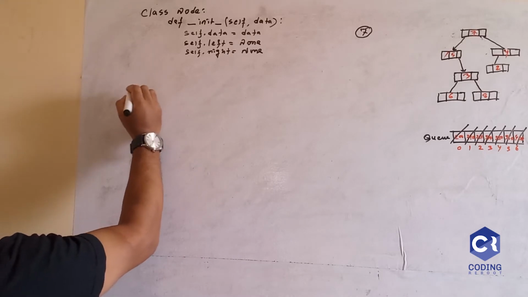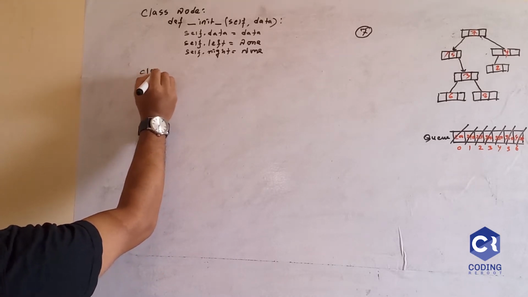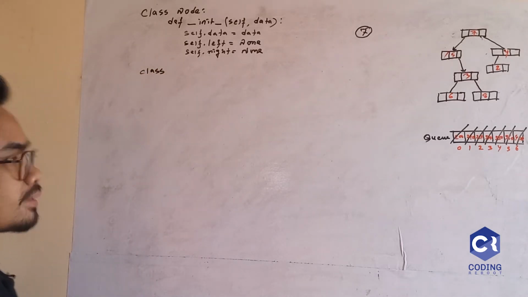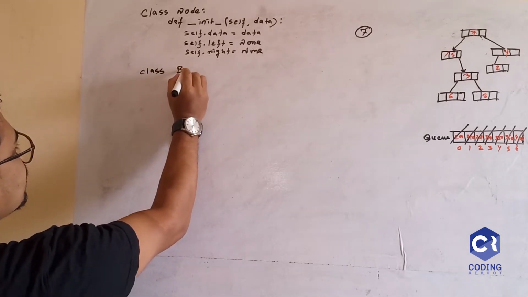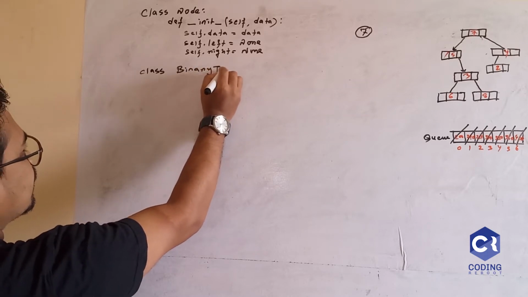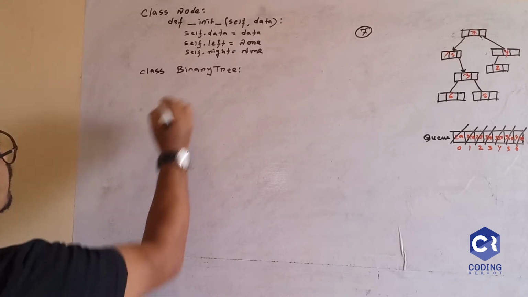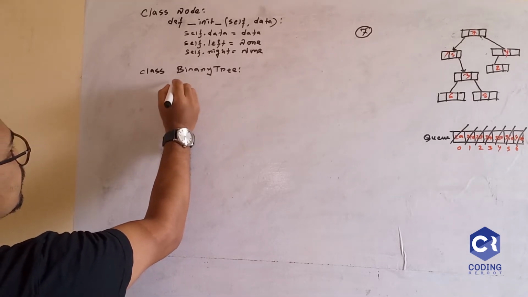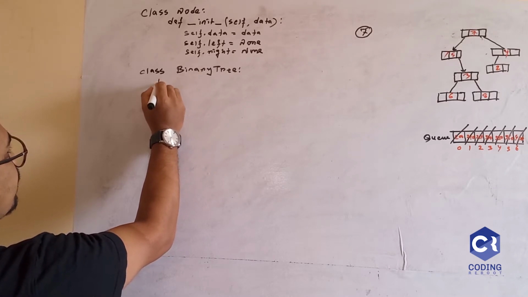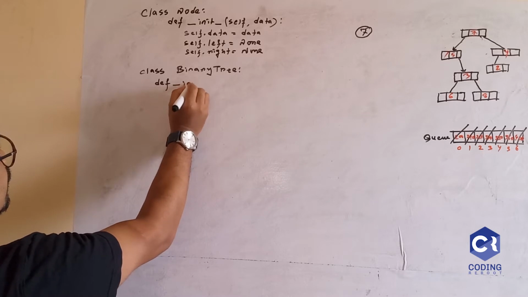Now let's create a class for the binary tree, that is class BinaryTree. And for the root node, we're going to create another function, that is def init.